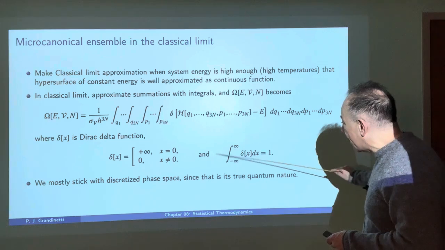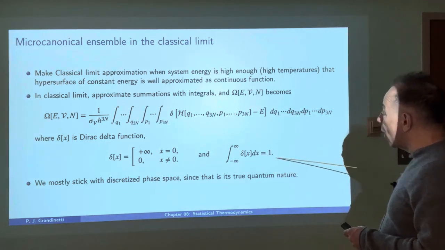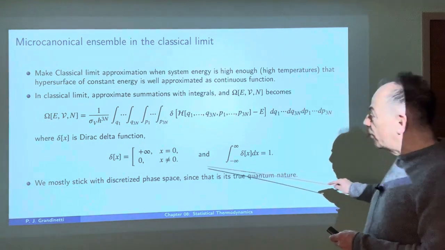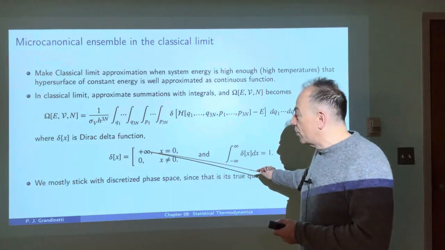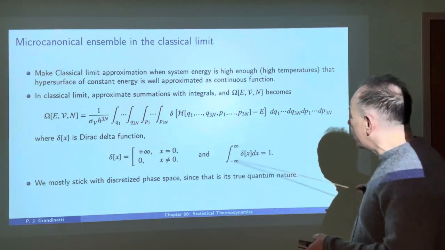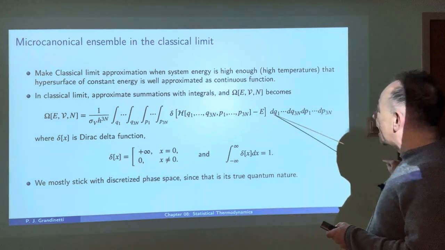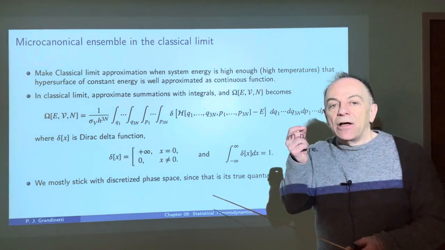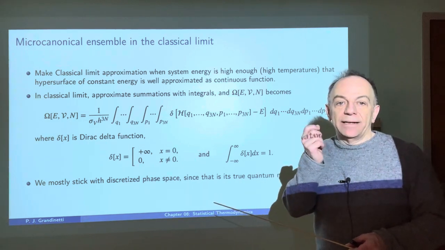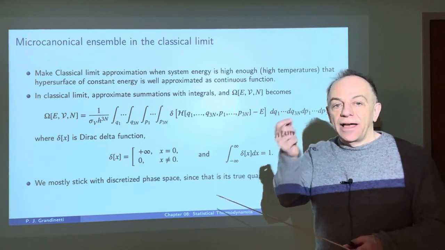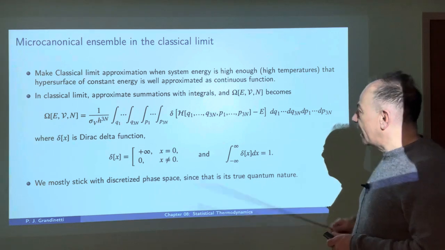But the important thing about that function is that the integral over all values is 1. So in other words, even though it goes to infinity, it's infinitely narrow. So that integrates to 1 over all values, and that allows us to select out, essentially count which energies are on the hypersurface that matches the Hamiltonian.